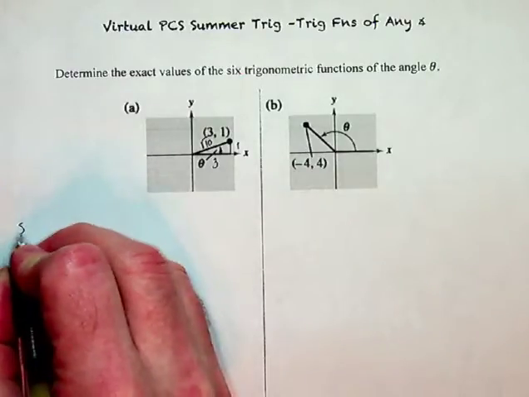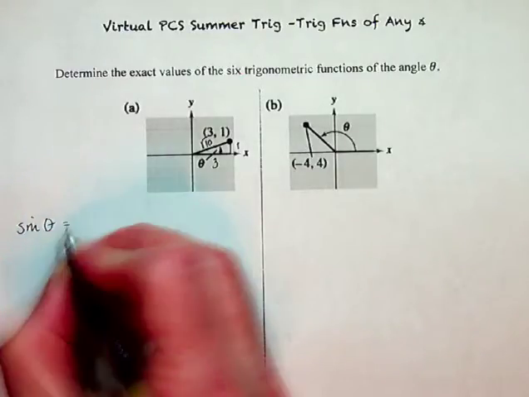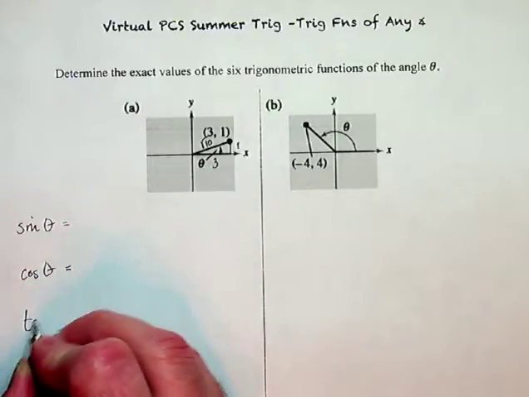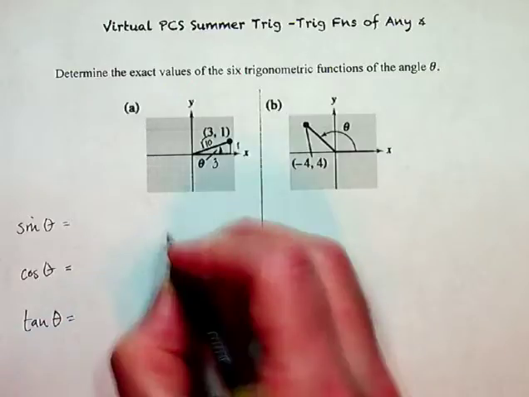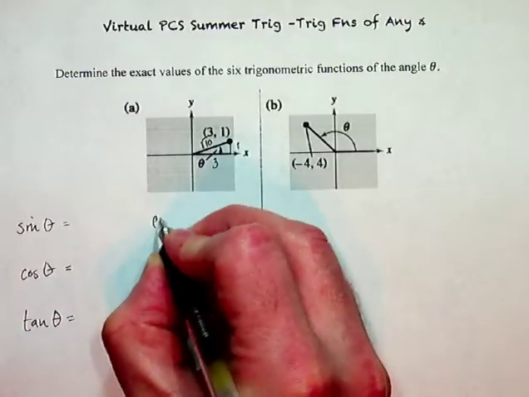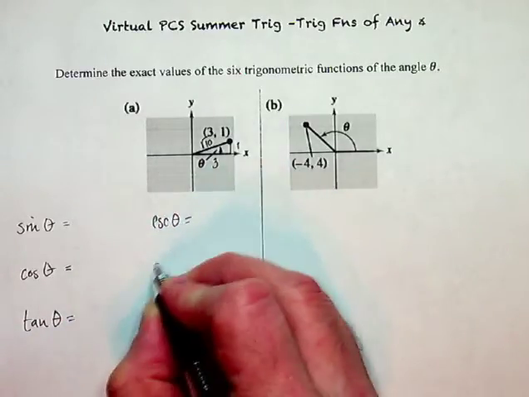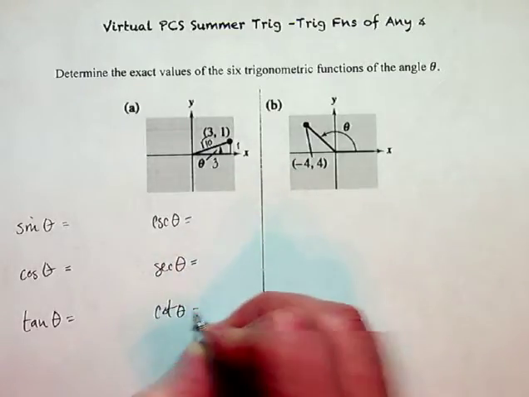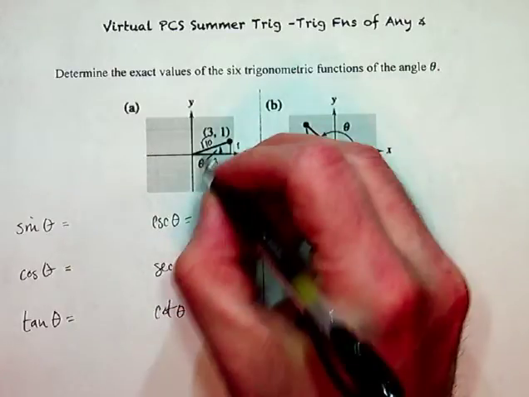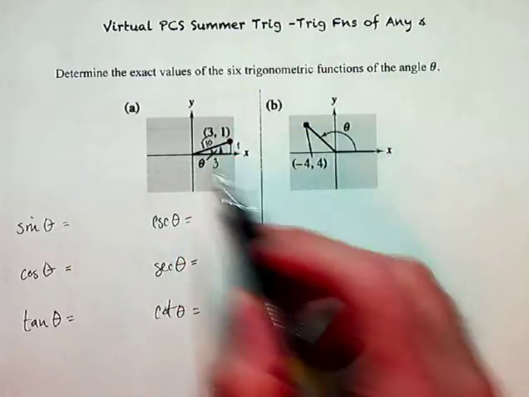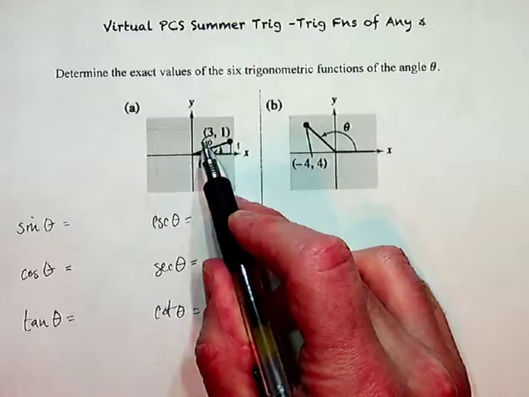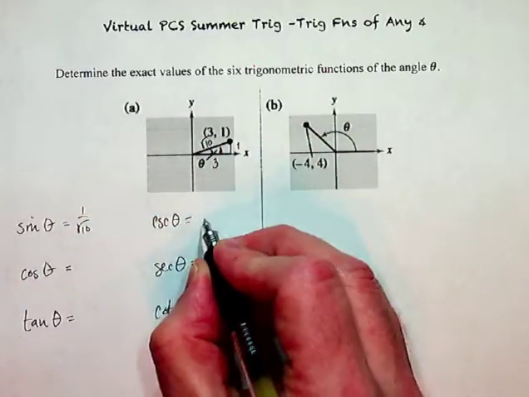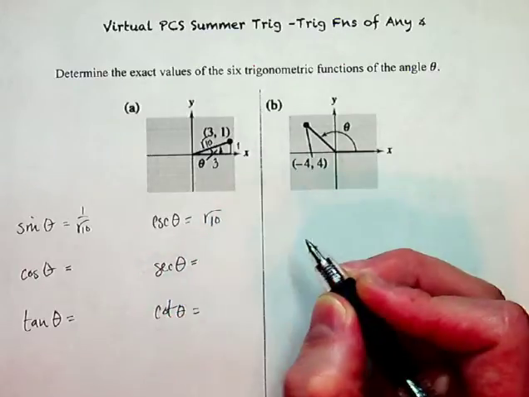So we can read our 6 trigonometric functions and their ratios right off of this triangle. Let me set up all 6 of them, and we will just go to town. Sine from this theta right here is the opposite over the hypotenuse, so it's 1 over root 10. The reciprocal of which is root 10.